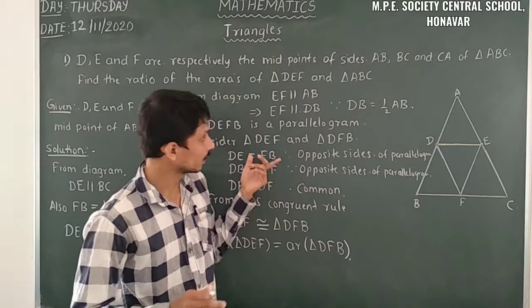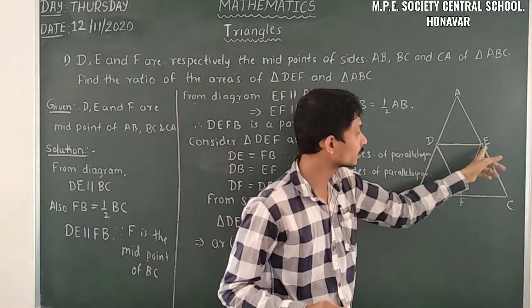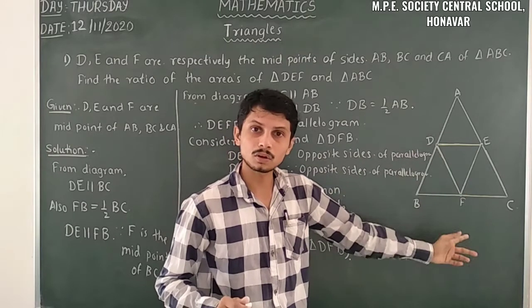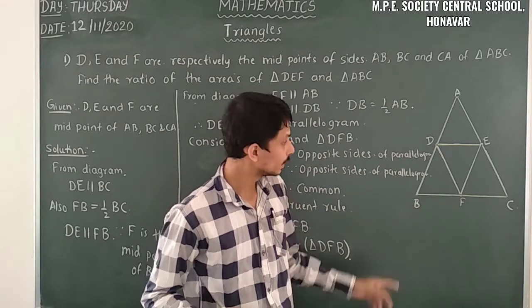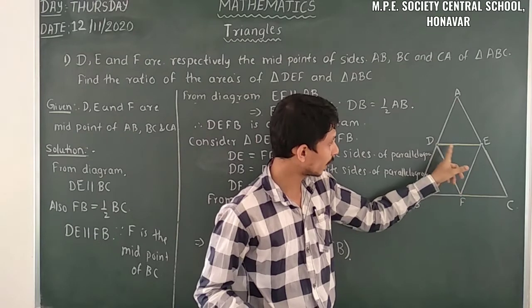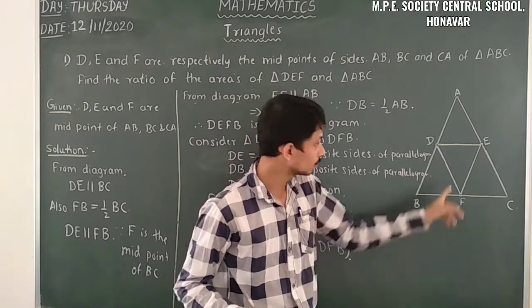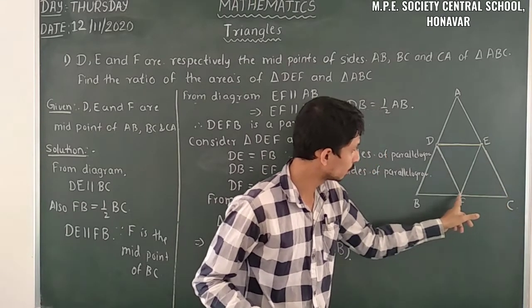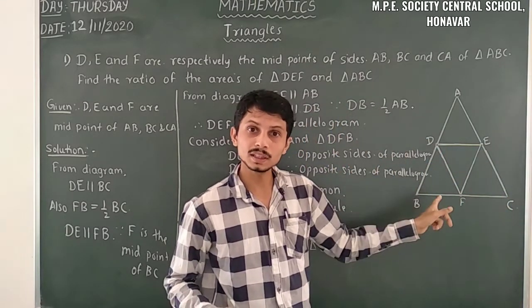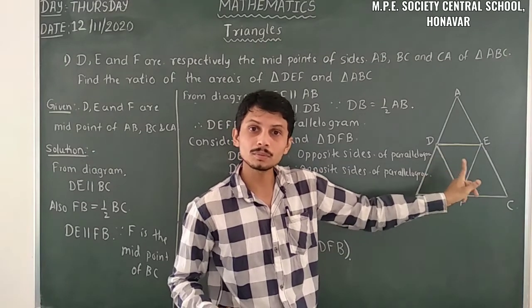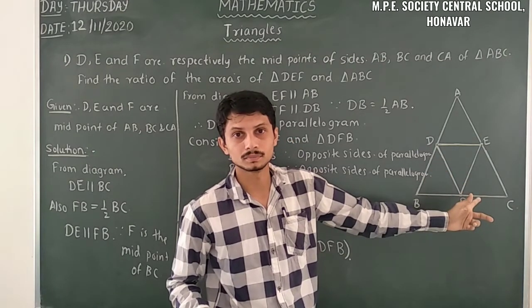So we already know that here it forms a parallelogram. Opposite sides are equal, and there is a common side. We already proved that. Now consider triangle DEF and triangle EFC. Here it also forms a parallelogram, so those two triangles are also congruent, and their areas are equal.